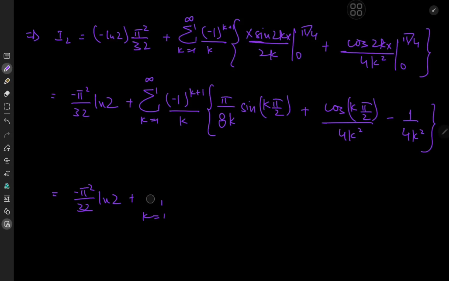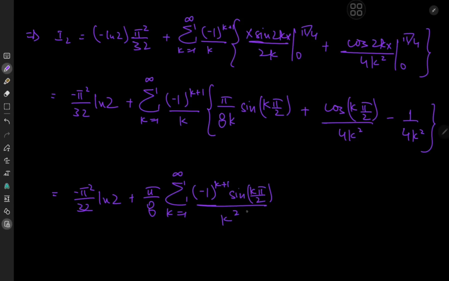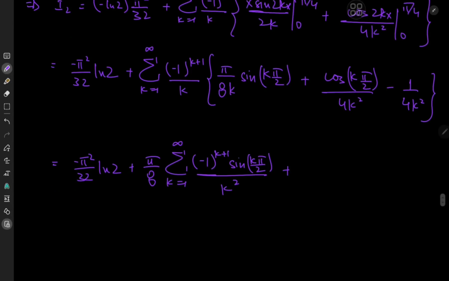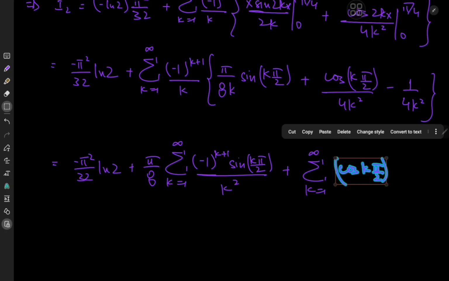So we would get pi by 8 times the sum over k of negative 1 to the k plus 1 times sine of k pi by 2 divided by k squared, plus we also have this sum over k of cosine k pi by 2 times, again, wait, I forgot the negative 1 term.